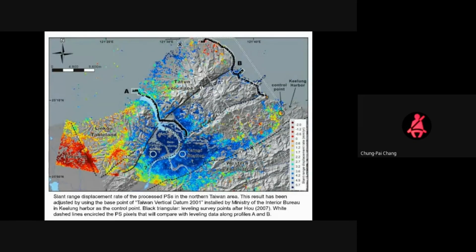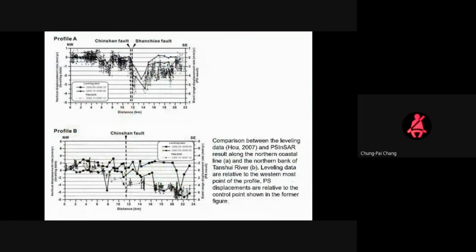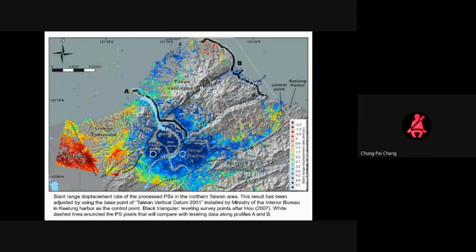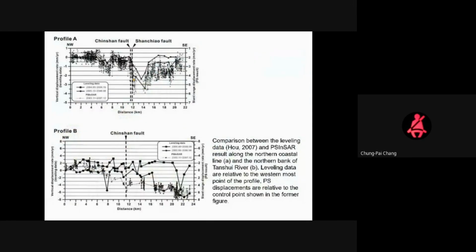The triangular points are the major leveling results. We compare this leveling result with our PS-Yin SAR result directly. These pixels are our PS-Yin SAR result, and you can see the small points are our PS result, and this line is the leveling data, and this is line A. Still, you can see the small points are our PS result, and this is the leveling data.